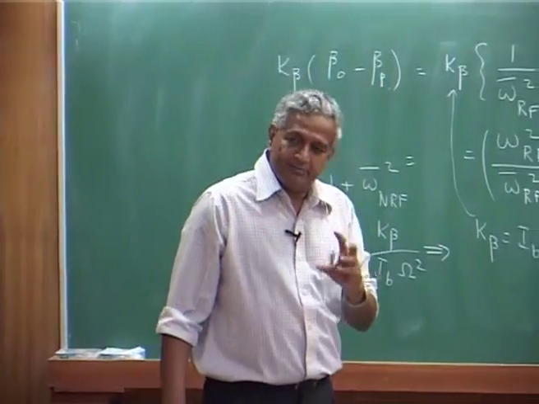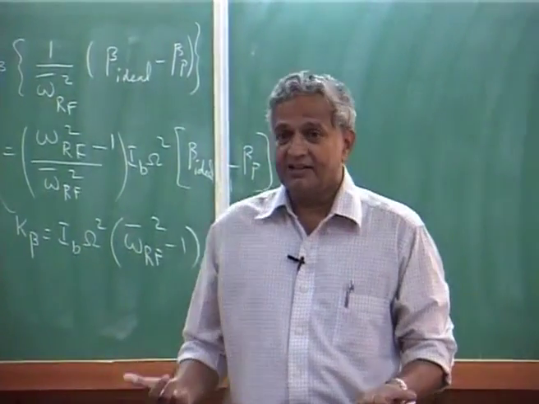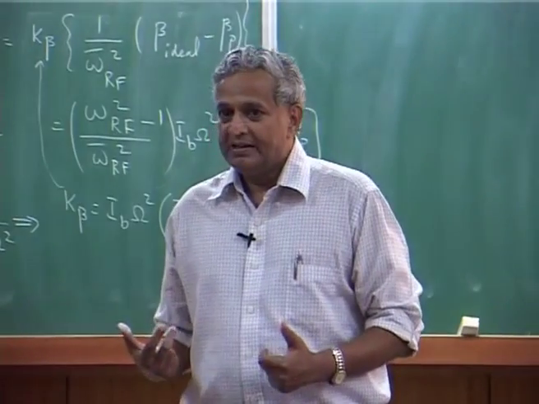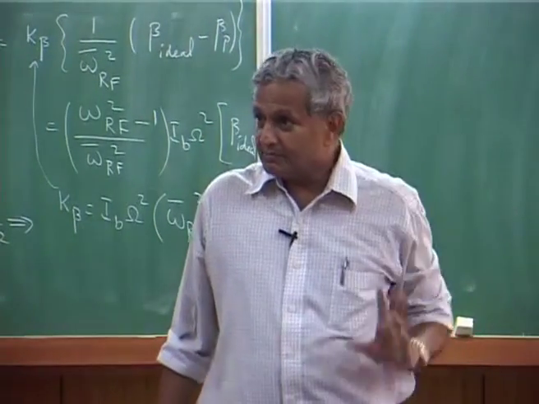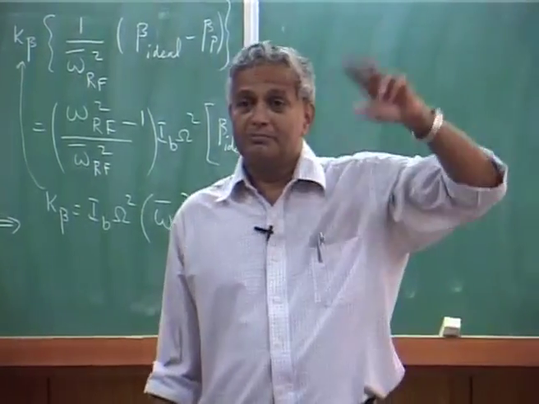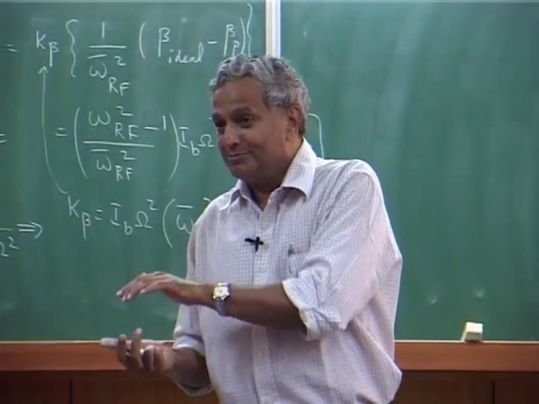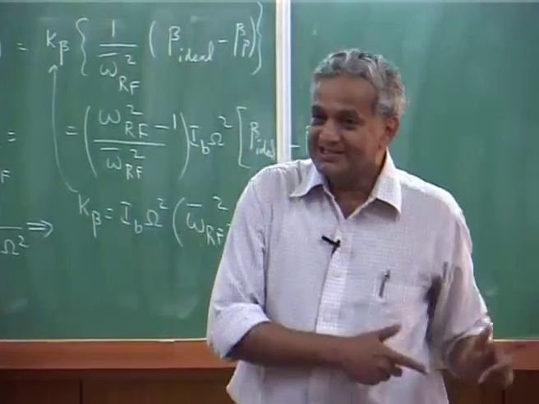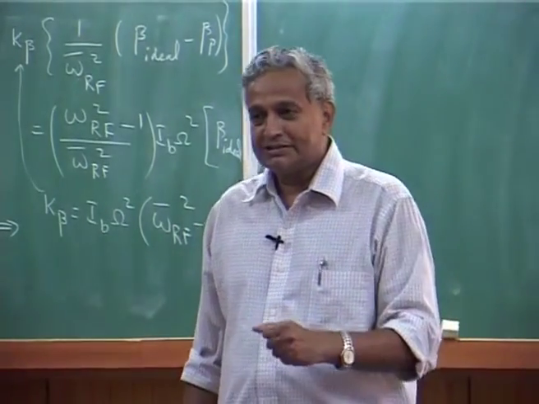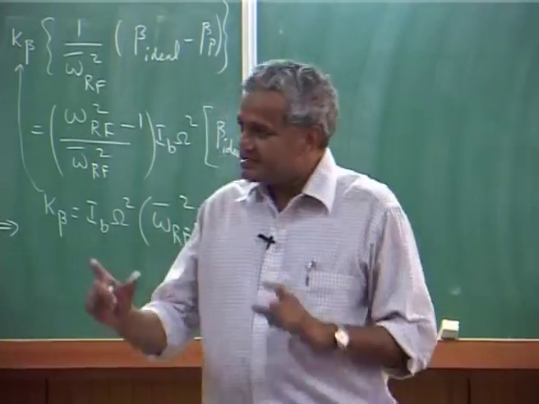That will have some value, but if you want to have highly agile, you need to generate more moment, then you need to have hub moments from the rotor blades. But at the same time, you do not want the blade to have a lot of root moment from a structural design point of view. On one hand you want a highly agile one, but on the other hand you do not want the structure to be very big. So, this is a trade off.